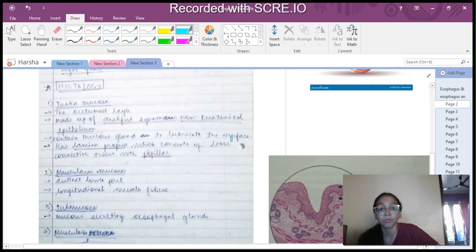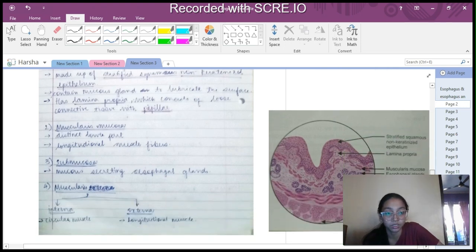So histology: these are the layers which are present in the esophagus. First is tunica mucosa, then submucosa, then muscularis, and then adventitia. What is tunica mucosa? It is the innermost layer. Here's the diagram, see.